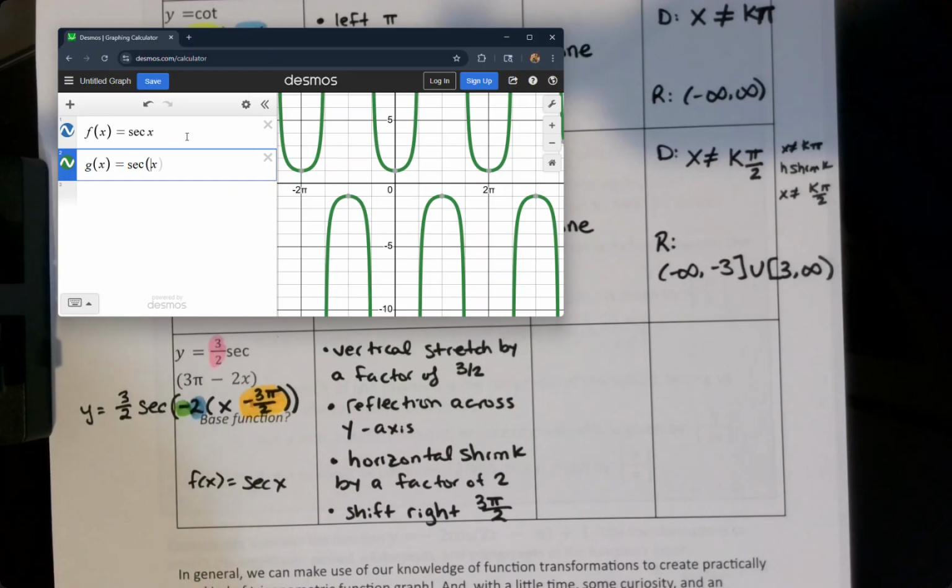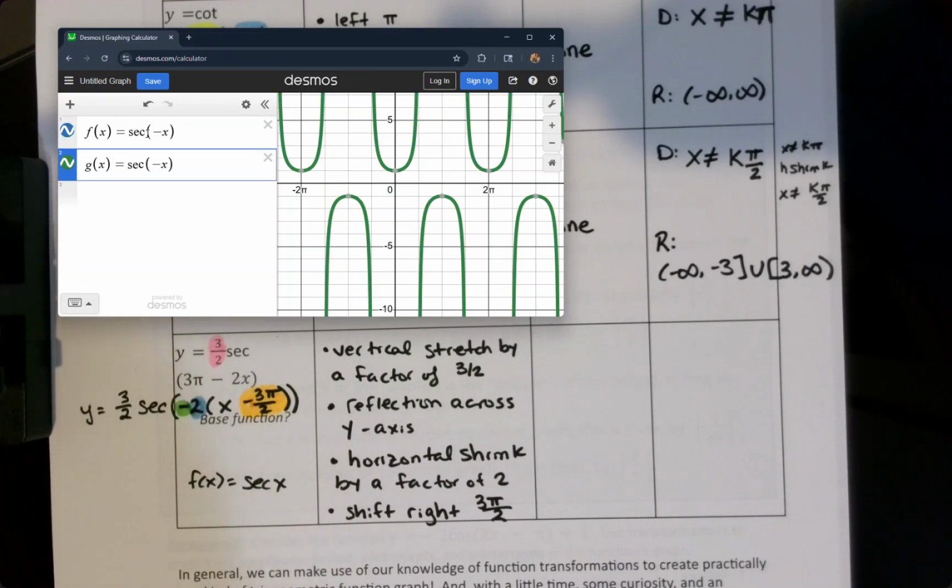So let's do first our reflection. This is a reflection across the y-axis. So nothing appears to happen. And that's fine. It's because points on the left side reflected over to points on the right side. This was already symmetric across the y-axis, so I don't see a change when I apply that reflection.